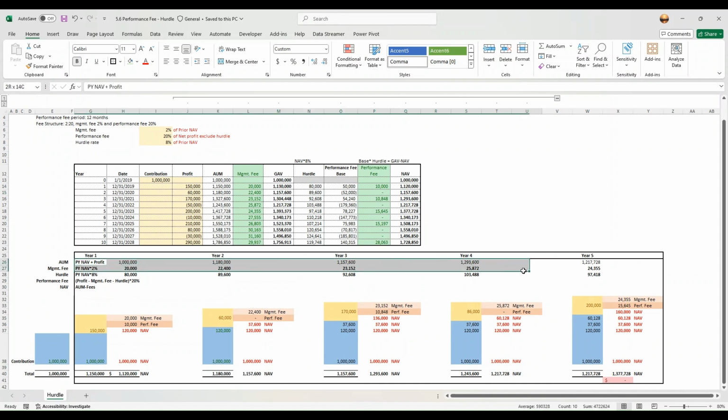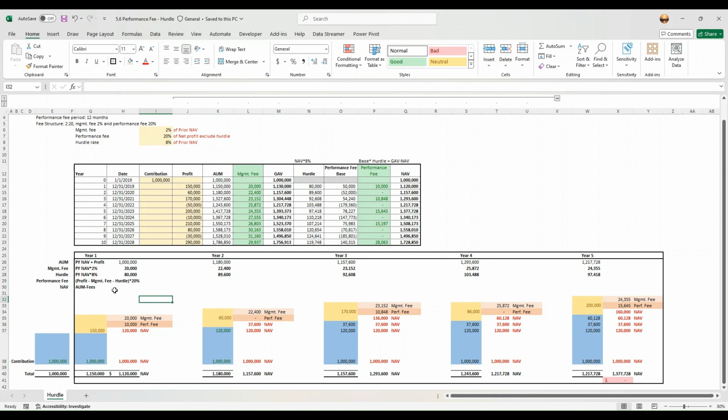In these three rows, I have listed the AUM, the management fee and the hurdle. In the first year, we have $150,000 profit on top of the contribution. This is the AUM. We charge 2% of management fee based on the prior NAV, and after the management fee, you are going to charge performance fee.